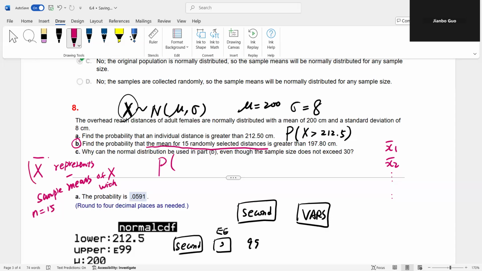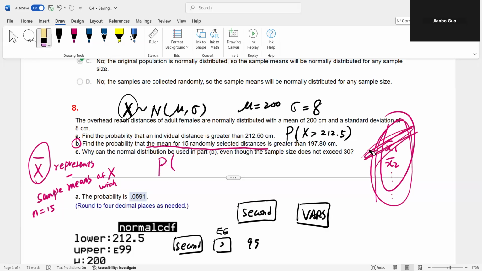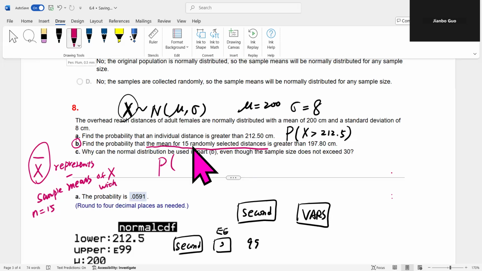X bar represents those values, the sample means of the population with size 15. We know the average of those sample means targets the population mean, from the previous section. So for part B, we are looking for X bar, the sample means, bigger than 197.8.